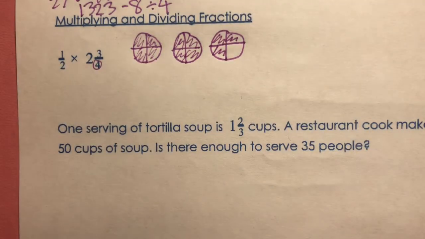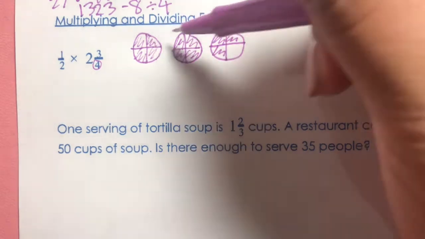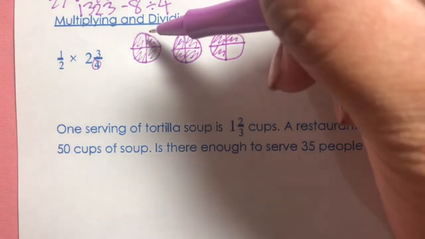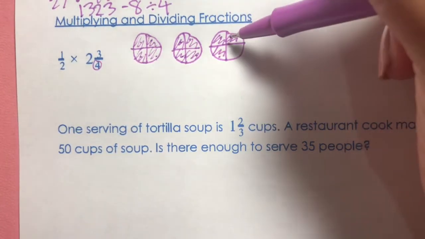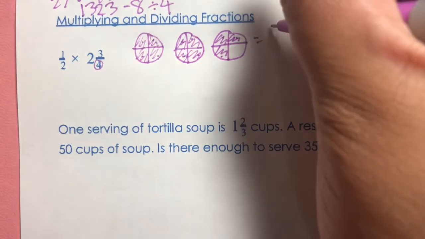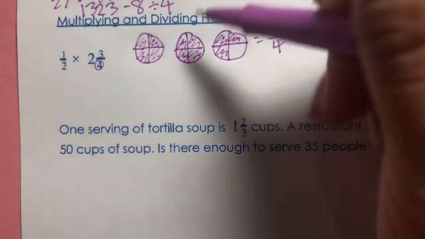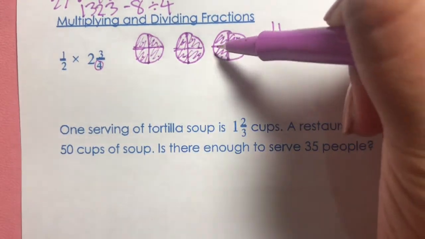And then from there, all I have to do is count how many parts I have to shade in. So I have 1, 2, 3, 4, 5, 6, 7, 8, 9, 10, 11. So that's going to be 11 parts over 4 because that's how many parts make up my whole.